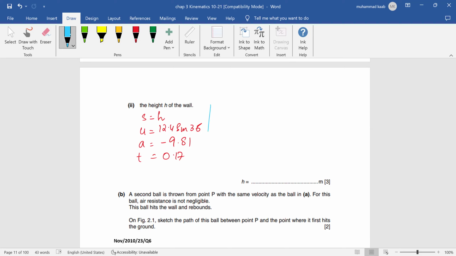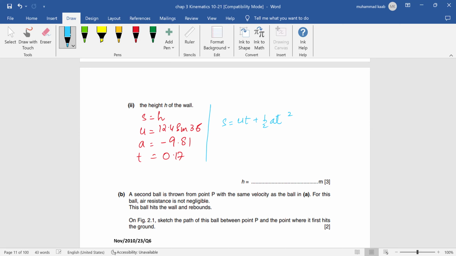I think 2as is equal to v squared minus u squared. Bro, they gave you t, and the equation you are telling me doesn't have any t. So ut plus half at squared. Just go with that.